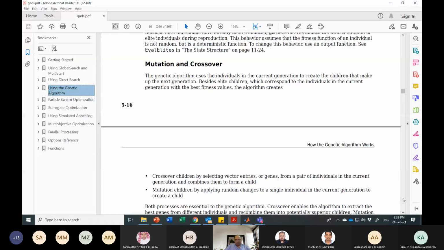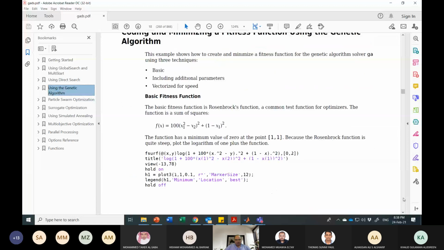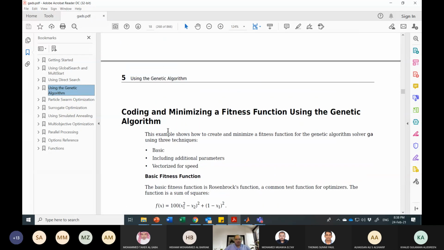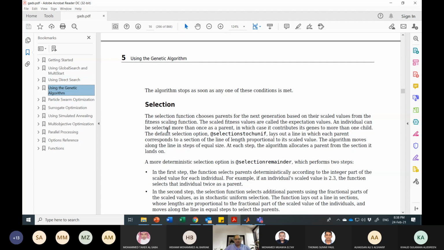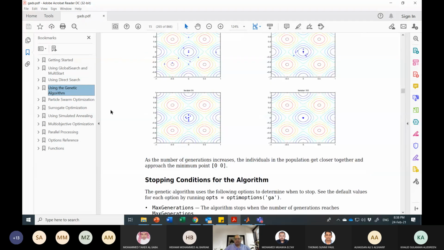Defaults, crossover, mutation, and so on. So you can implement any of these options that you can use. This is also posted on Blackboard, so you can read it and learn more.